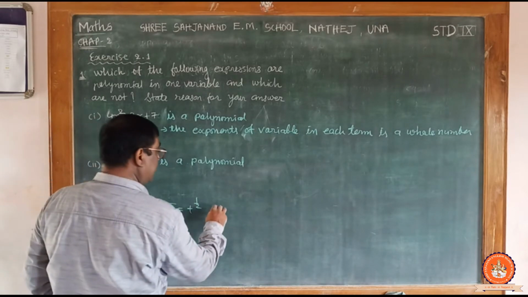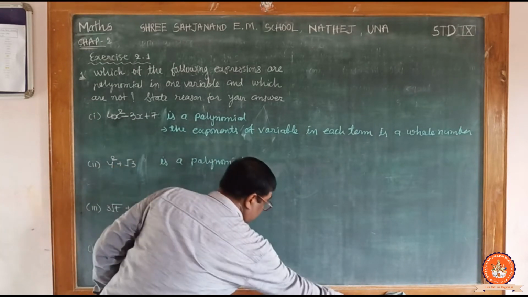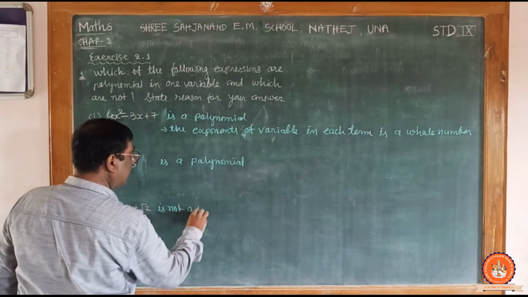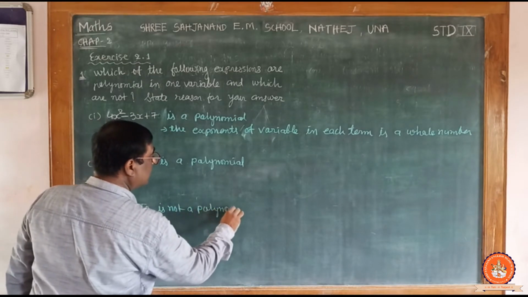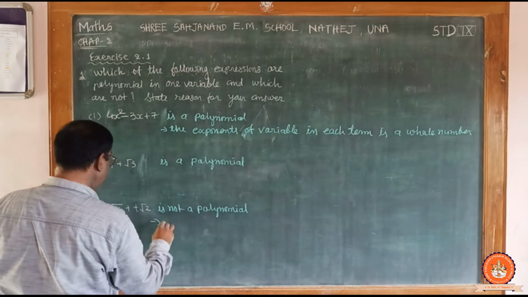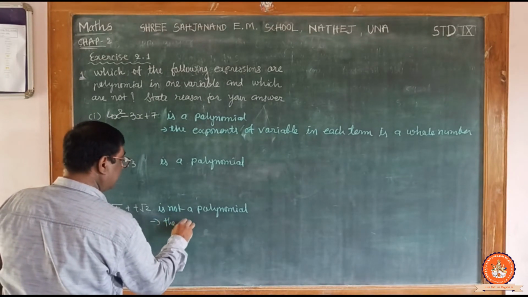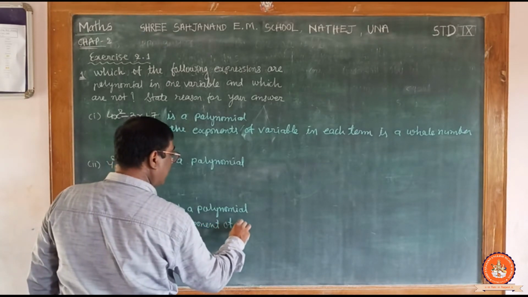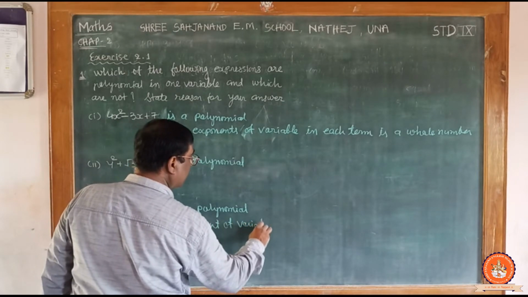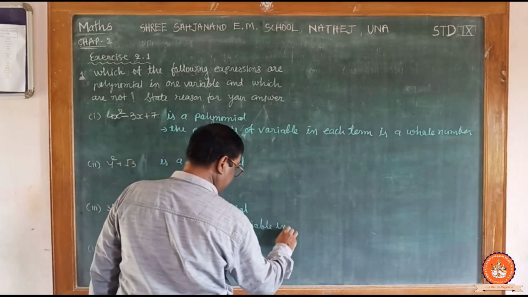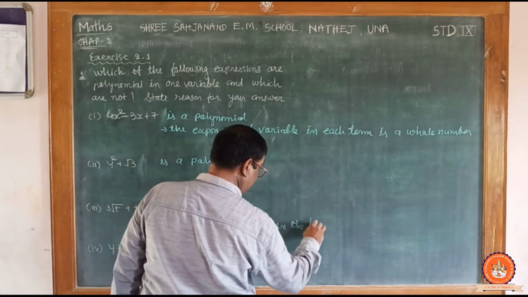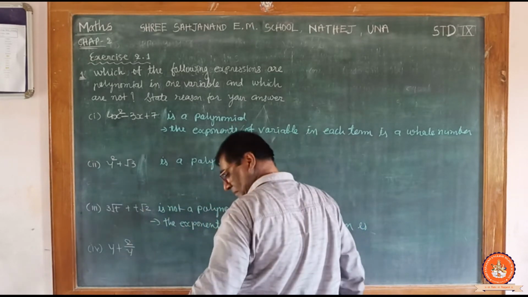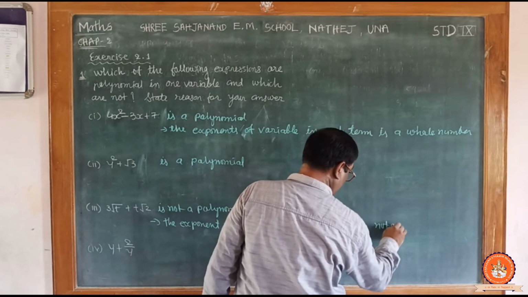So this one is not a polynomial because the exponent of the variable in the first term is not a whole number.